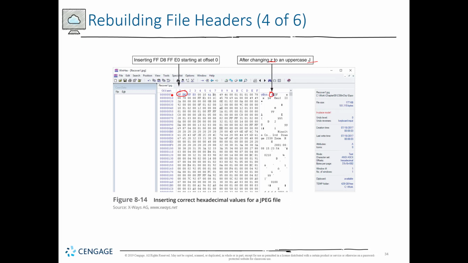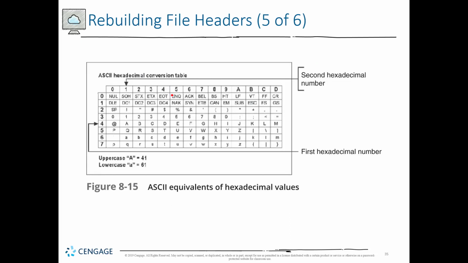So what does this mean? When we're looking at these offsets, we can look at our hexadecimal values. So the first hexadecimal number, A, or 41, and then our second hexadecimal number, again, 41, A. If we're looking for the lowercase, 61.